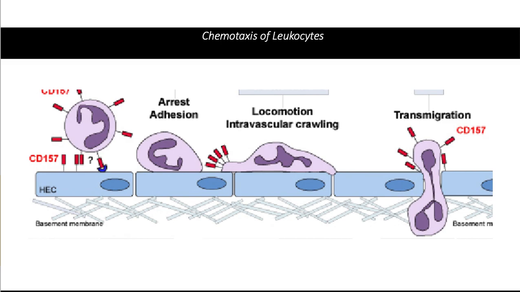Both exogenous and endogenous substances can act as chemoattractants, including the following: bacterial products, particularly peptides with N-formylmethionine termini; cytokines, especially those of the chemokine family; components of the complement system, particularly C5a; and products of the lipoxygenase pathway of arachidonic acid metabolism, particularly leukotriene B4.